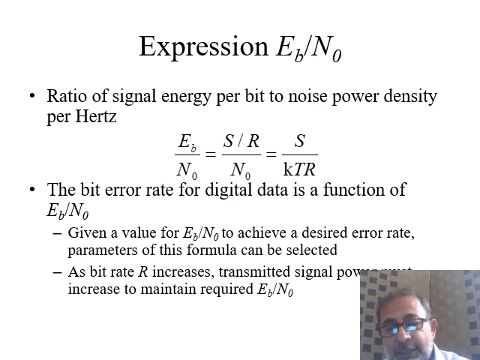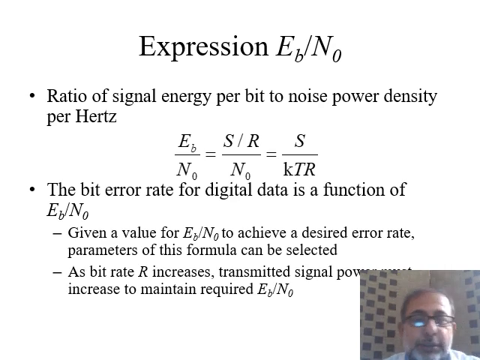As the bit rate R increases, the transmitted signal power must increase to maintain the required Eb over N naught, which means that if the data rate that we want to transmit from one point to the other is small, then smaller power or smaller Eb over N naught would suffice.